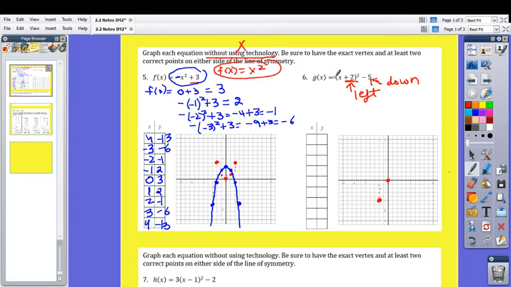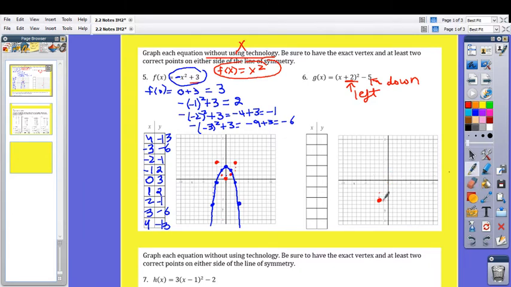Now after that, there is no number here, so it's not shrinking, it's not expanding. It's just moving like how the x squared graph moves.